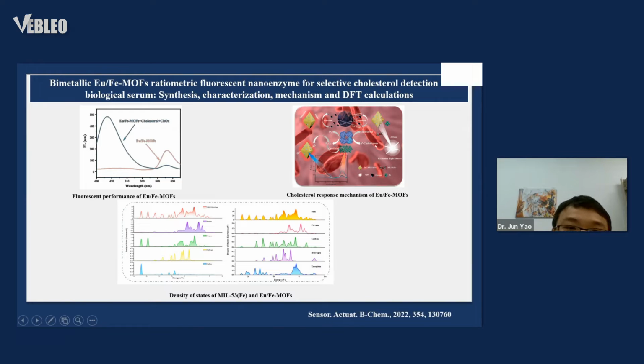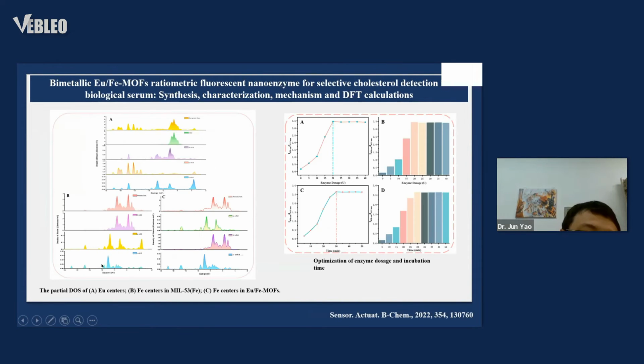We use the ratio of the above FL peaks intensity to monitor the cholesterol.